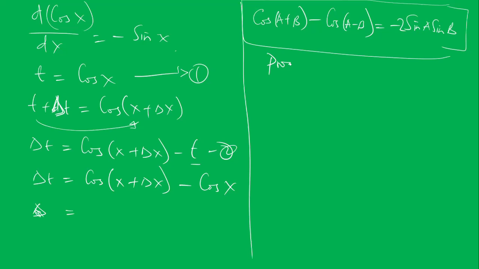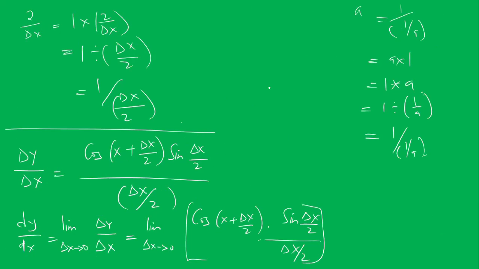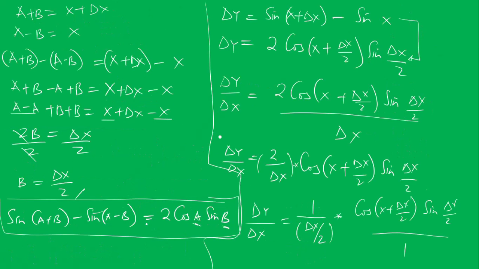Let me write it. Product formula. This is a trigonometric product formula. You look at it, it's just the same thing here too, but that one is cosine. It's just the same thing here.